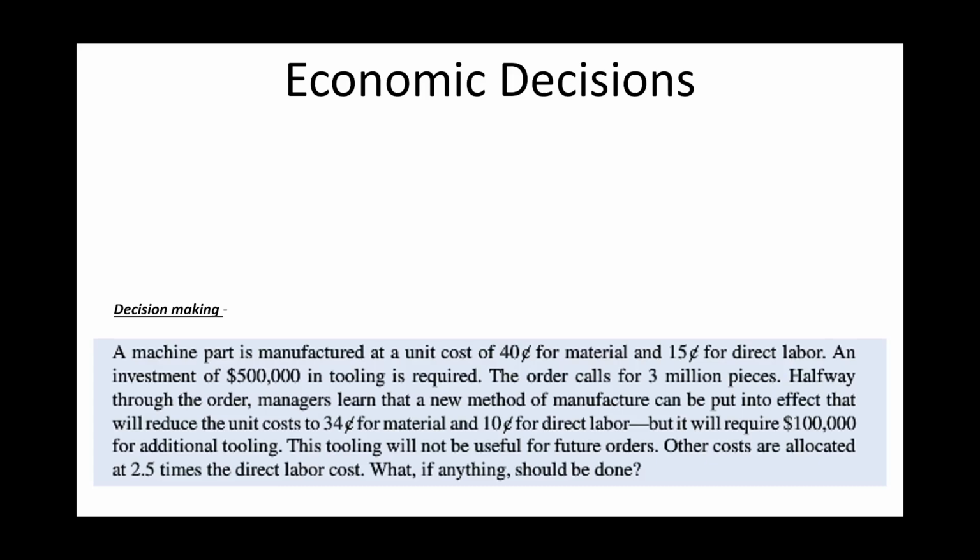All right. So right here, halfway through this manufacturing process, you have a decision to make. Do you keep doing the current setup or do you actually buy this equipment?